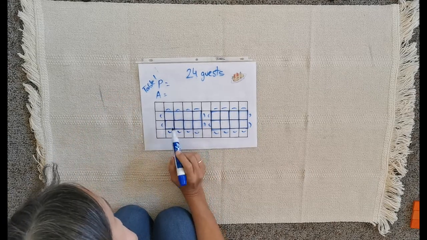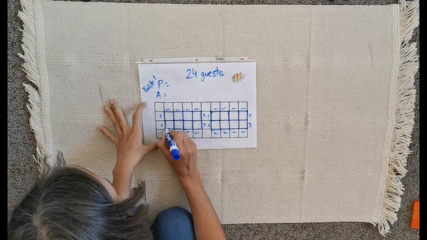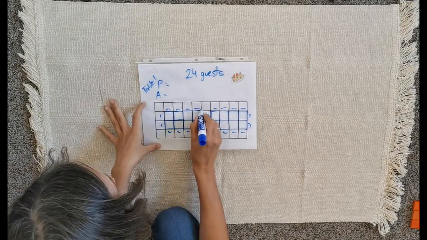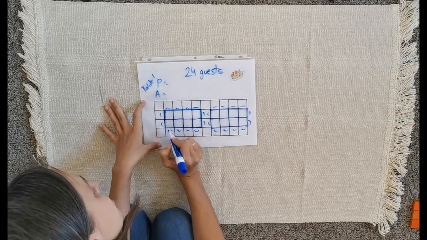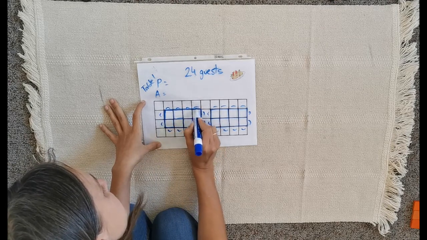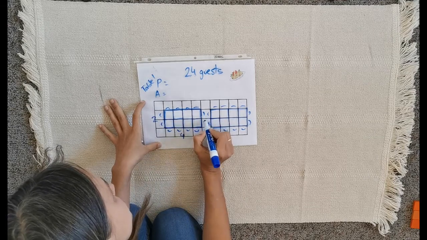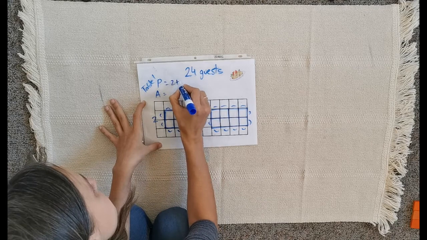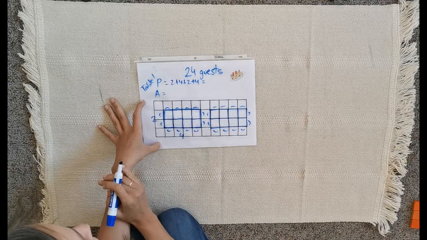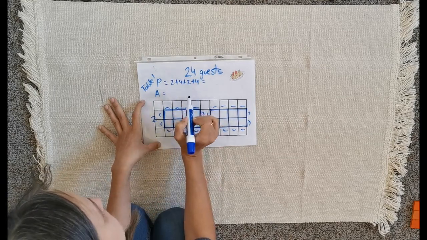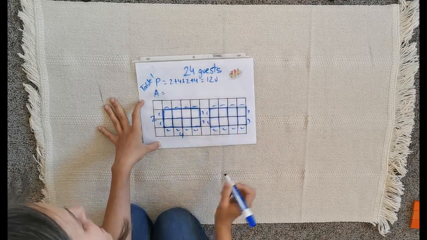Okay, perimeter. Remember, the perimeter will be the line around. So the side of this side plus this side plus this side plus this side. 2, 4, 2, 4. 2 plus 4 plus 2 plus 4. Perimeter will be equal to 4 plus 4 is 8, to 12 units. And now the area.